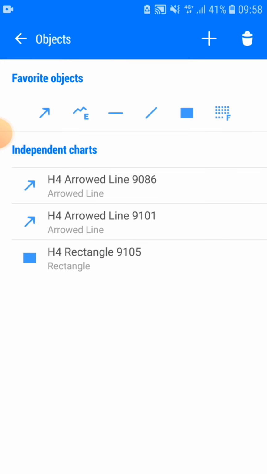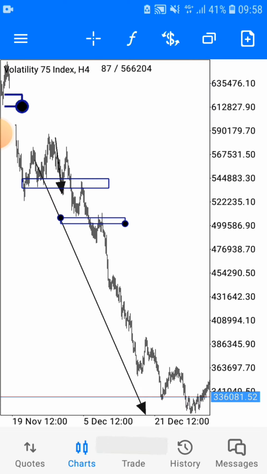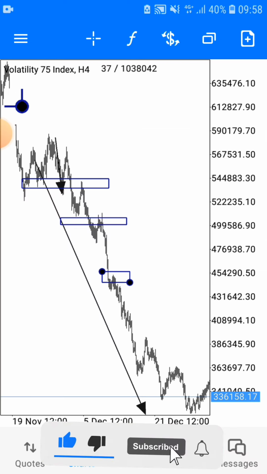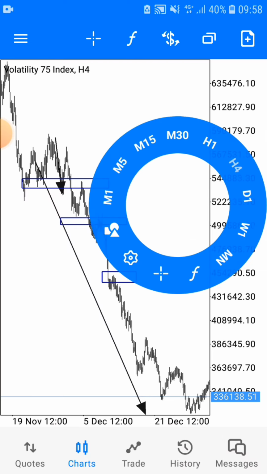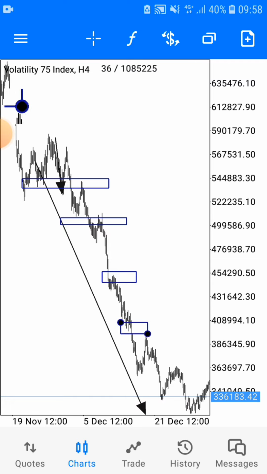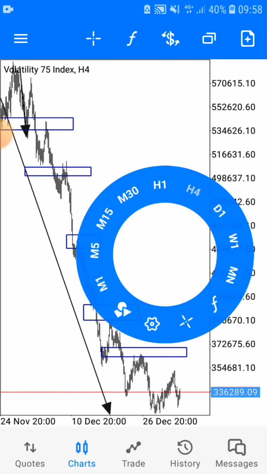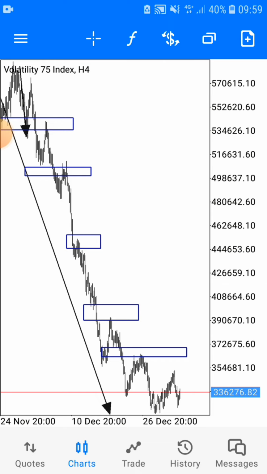Then here, and lastly it did the same here.